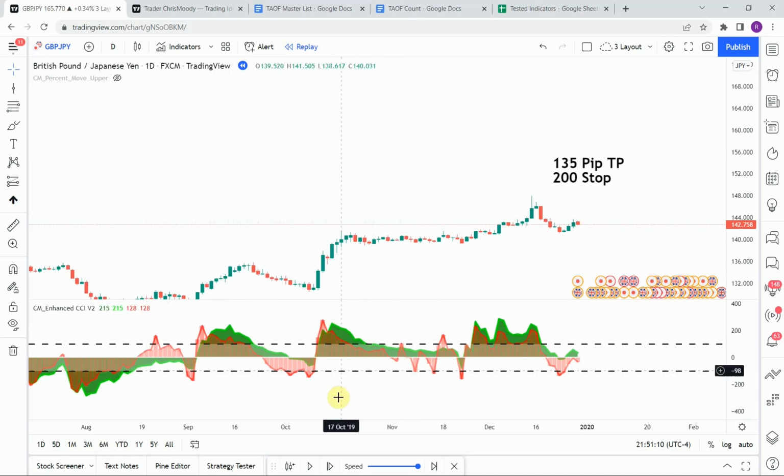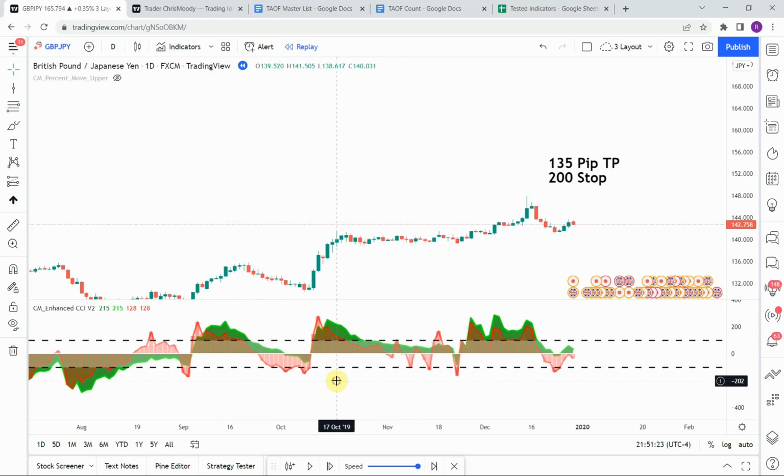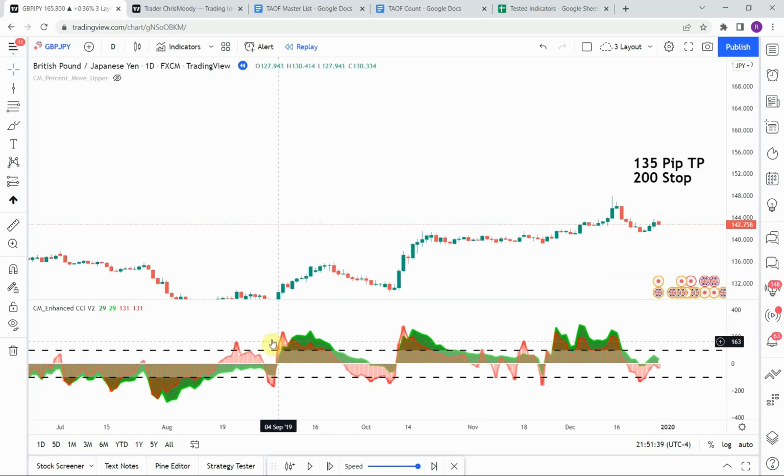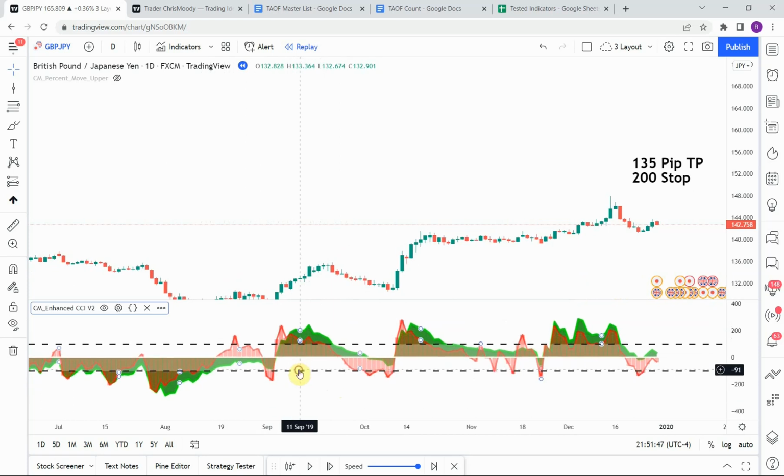We are looking for when the red oscillating line breaks up above the dashed line on top, or breaks down below the dashed line on the bottom. Then the next thing we are looking for is for the green oscillating line to also make that same break, either to the upside or to the downside. A good example of that is right here on this one. You can see that we get the break of the red line to the upside, and you can see that it also gets the break of the green line as well.